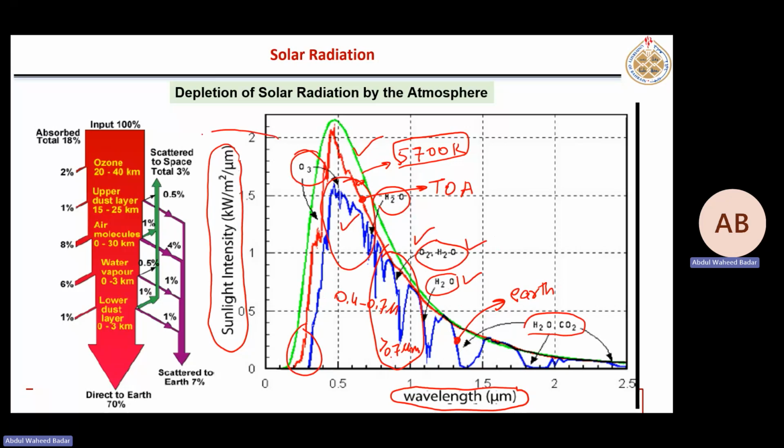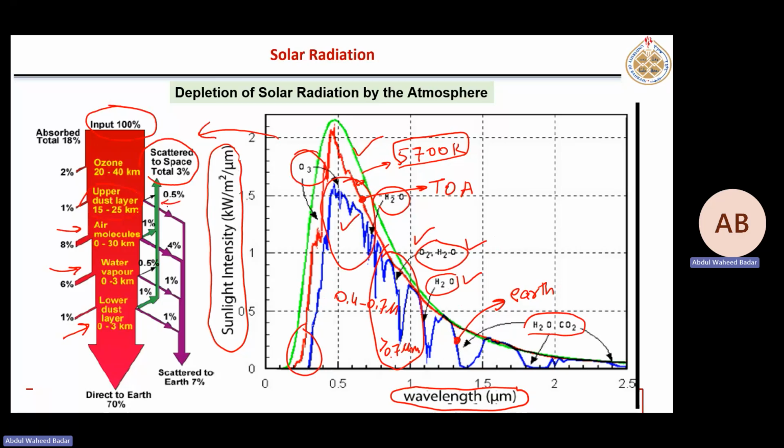So here the same thing is also explained. Out of this total 100% incoming radiation, about 3% is reflected, right? Due to these dust layers, air molecules, water vapors, and lower dust layers.